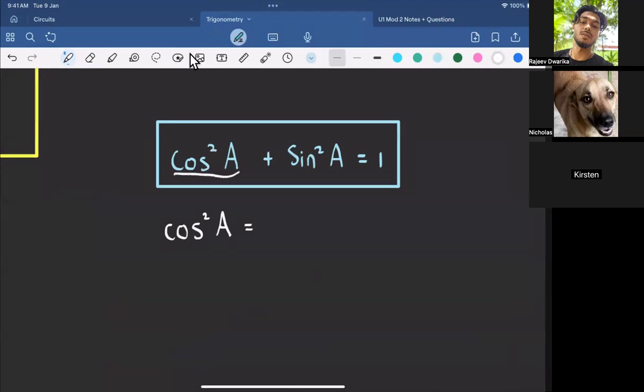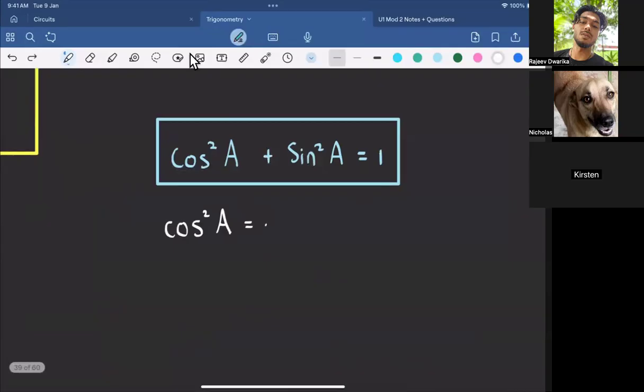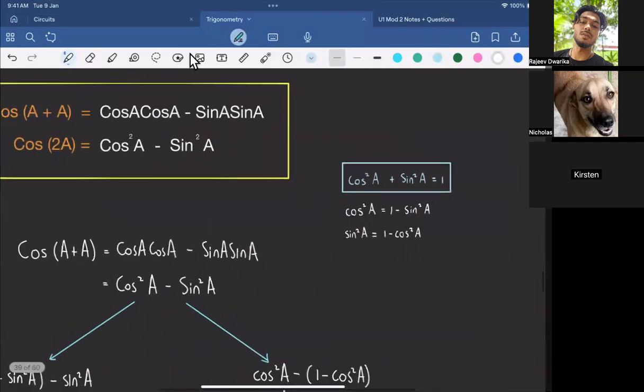If I make cos squared A the subject of the formula, I move across the sine squared A, so cos squared A would now be 1 minus sine squared A. And if I wanted to make sine squared A the subject of the formula, similarly I would move across the cos squared A. So sine squared A would be equal to 1 minus cos squared A. And I'm going to apply that over here.